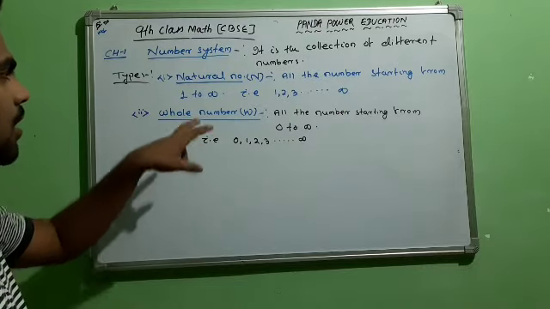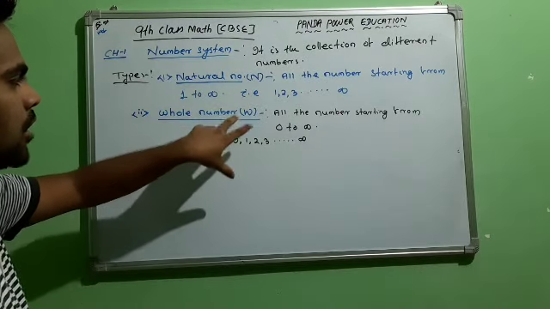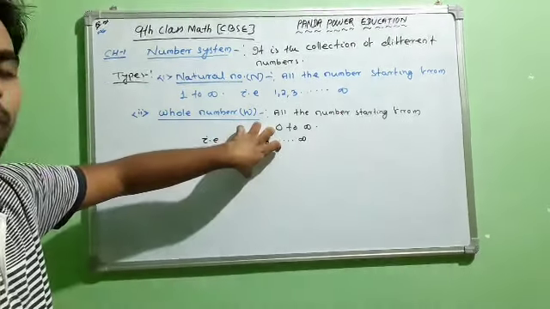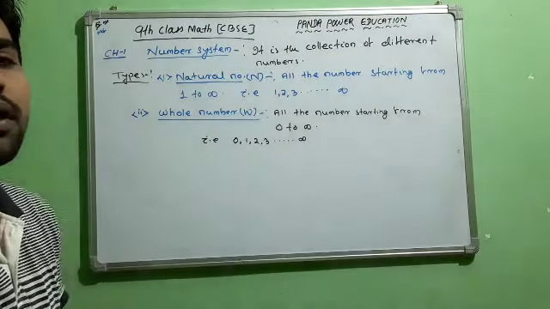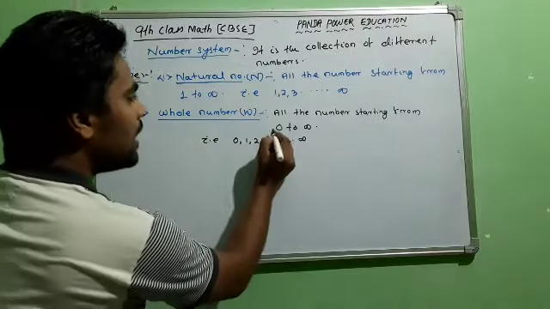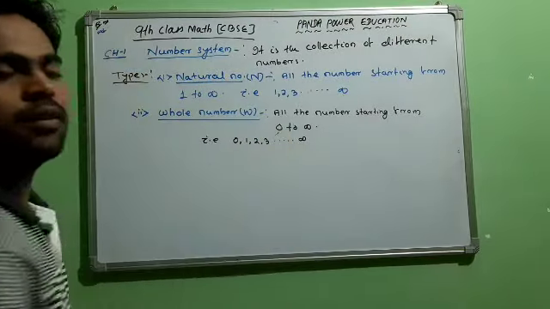That means all the natural numbers come under whole numbers, but all the whole numbers never come under natural numbers because one extra 0 is added here. Got it?